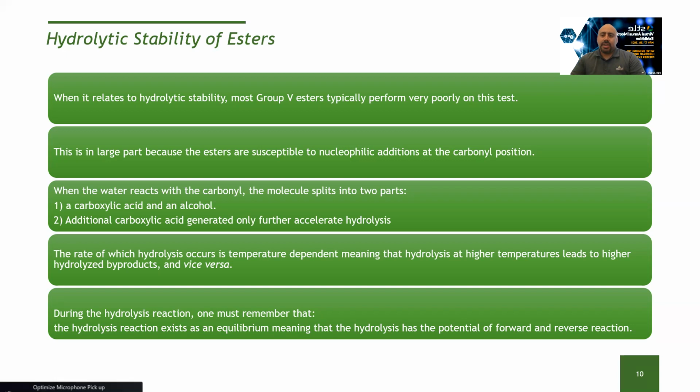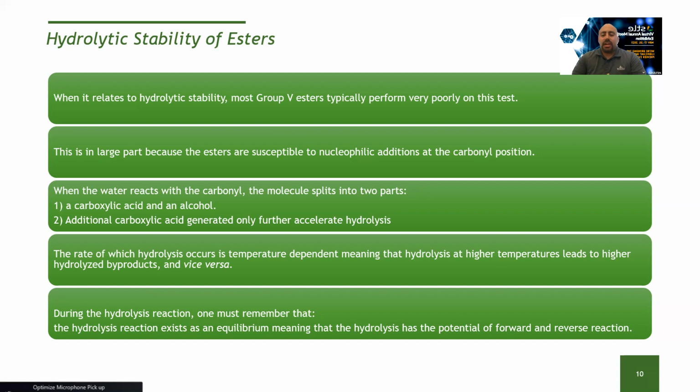When this fatty acid or carboxylic acid species is formed, that acts as a source of acid catalyst, and it participates in further hydrolysis. In fact, it actually accelerates hydrolysis. And the rate at which this hydrolysis occurs depends on the temperature.